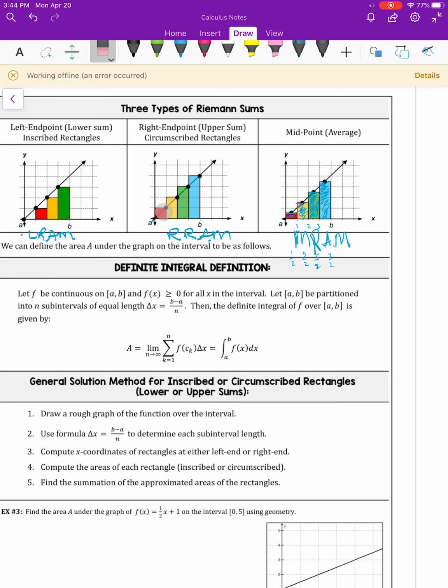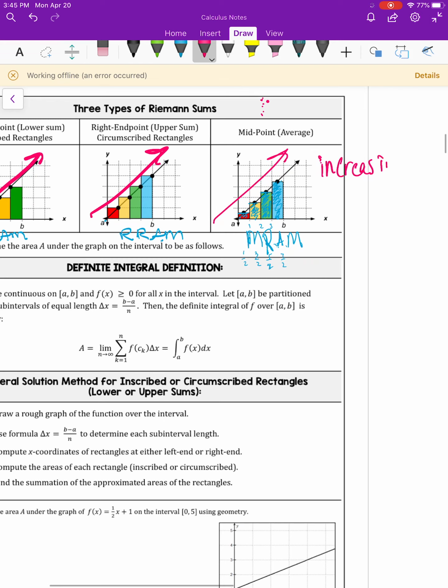And those are the 3 different ways that we can use rectangles to estimate area. You can notice that MRAM seems to be the one that gives you the best approximation. Because with RRAM, it's going to be an over approximation when you've got an increasing function. Okay, so increasing function. For some reason, this pen does not want to work.